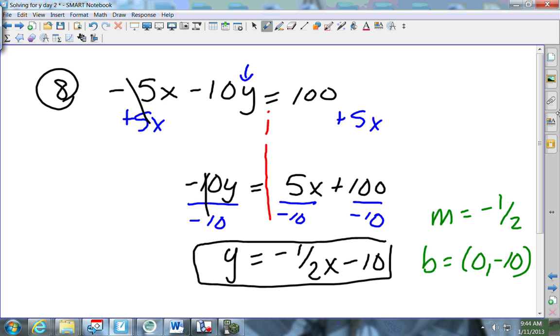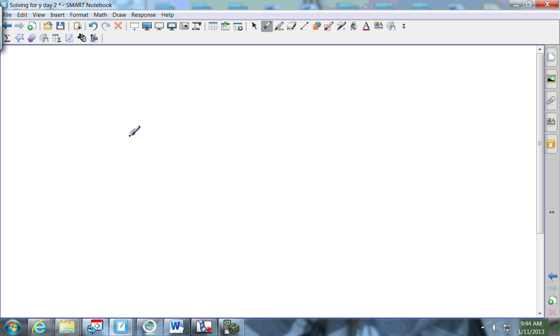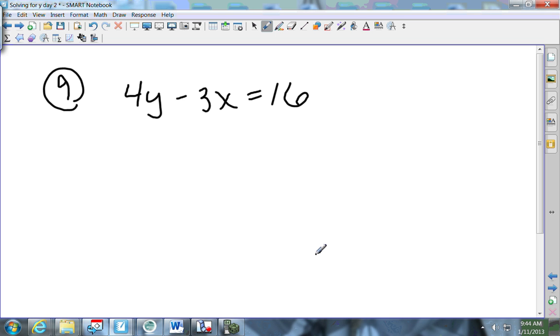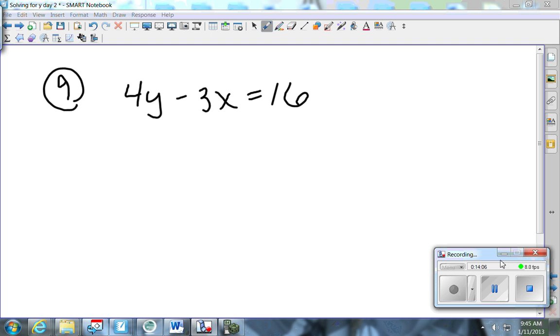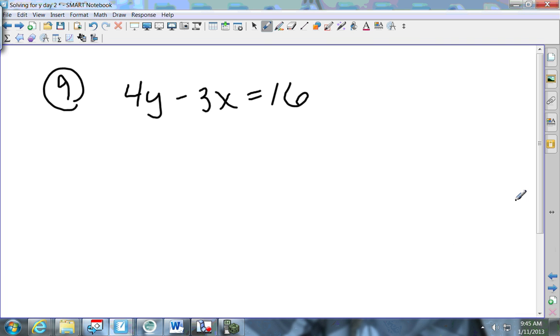Number 9. Four y minus 3x equals 16. Solve this one for y and label the slope and the y-intercept, please. First thing I see is there's my y. So I'm going to add 3x to each side.